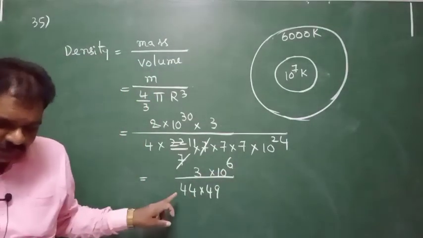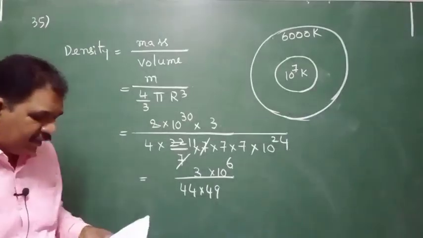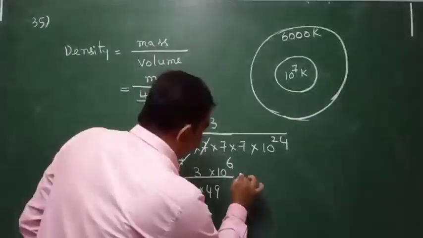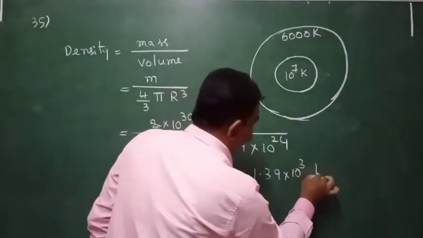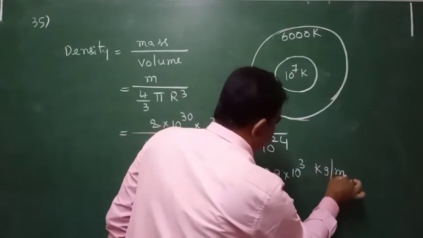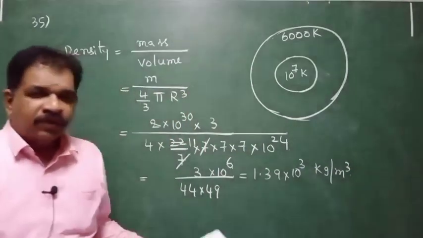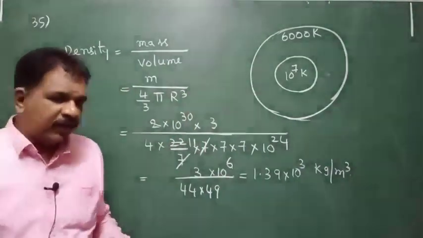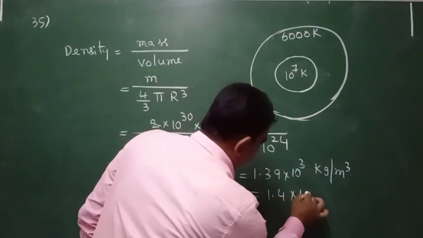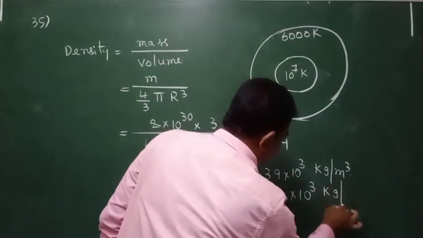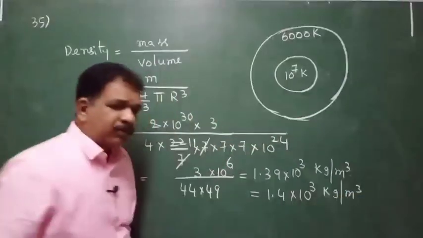Finally, if we calculate this value, we will get 1.39 into 10 cube. Kg per meter cube will be the unit. 1.39 we can write as 1.4. So this is 1.4 into 10 cube kg per meter cube.